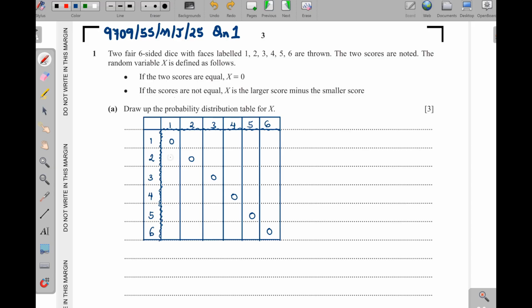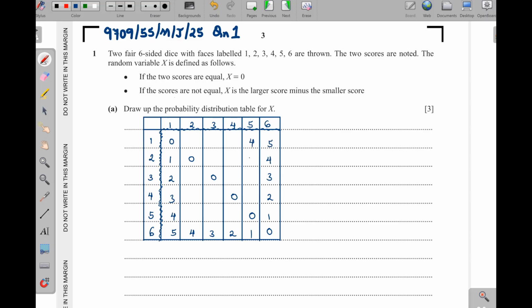So 2 minus 1, that's a 1. Here we shall have a 2, 3, 4, 5. Here we shall have a 4, a 3, a 2, a 1. Remember, I'm getting this big one, then minus, for example, the smaller one to get this one, okay? Then here we shall have 1, then 2, then 3, 4, 5.